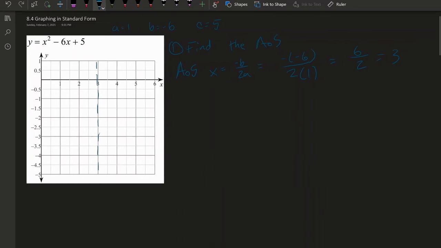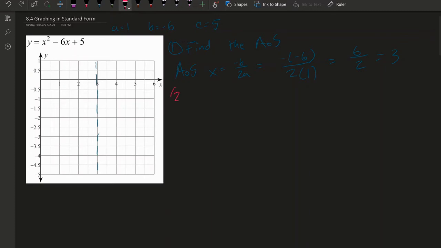So step 2 is find the vertex. Now just like we did in intercept form, we find the vertex by plugging in the axis of symmetry. So I'm going to take my original equation, y equals x squared minus 6x plus 5, and I'm going to plug in my axis of symmetry.